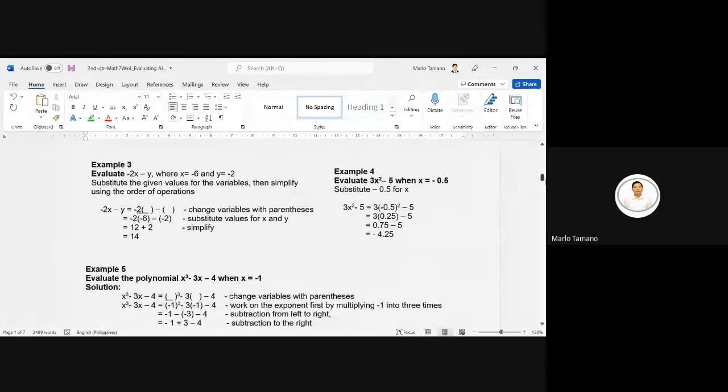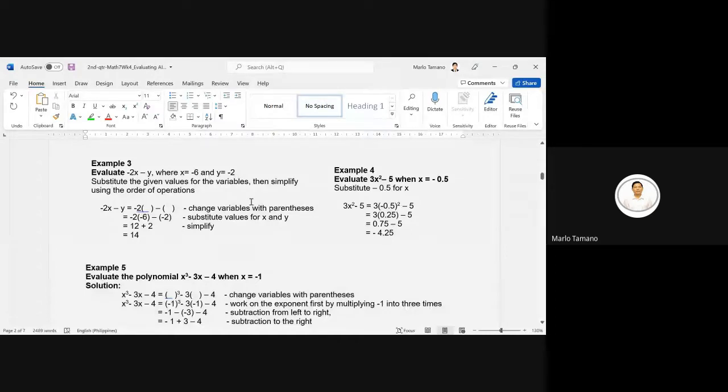Example number 3. Evaluate negative 2x minus y when x is negative 6 and y is negative 2. Substitute the given values for the variables, then simplify using the order of operations.